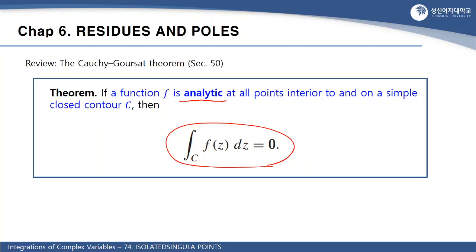So the theorem shows how to compute the integral of a given function and a given simple closed contour C.